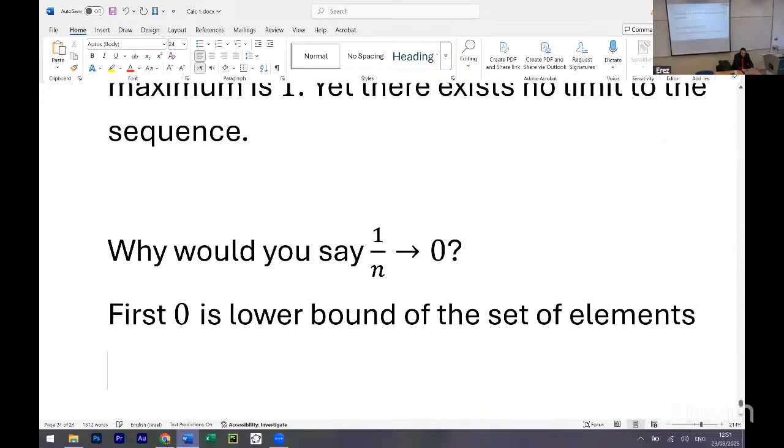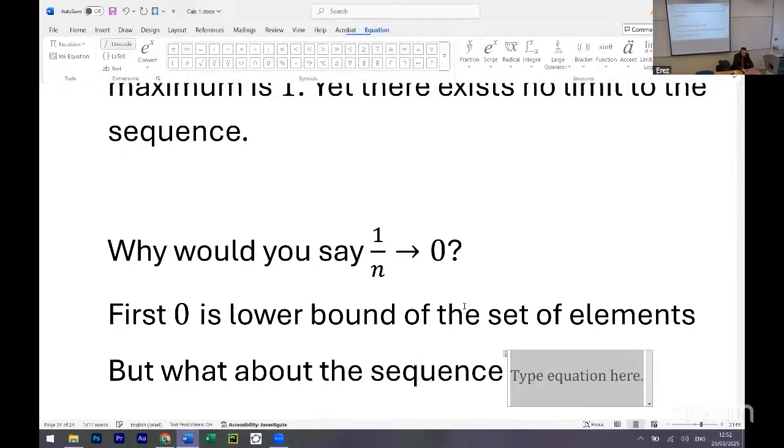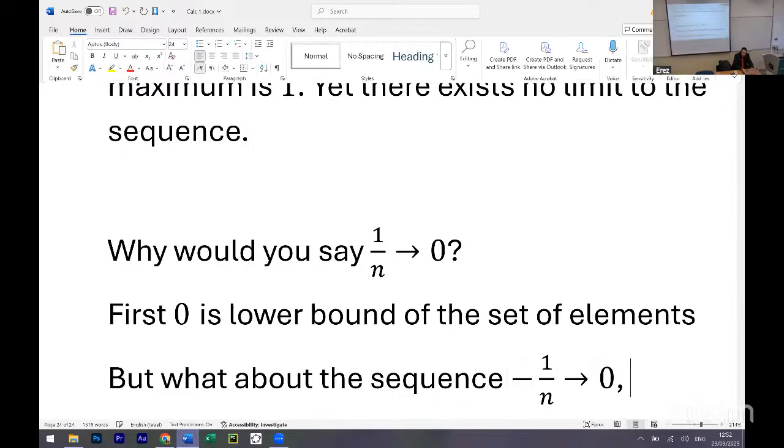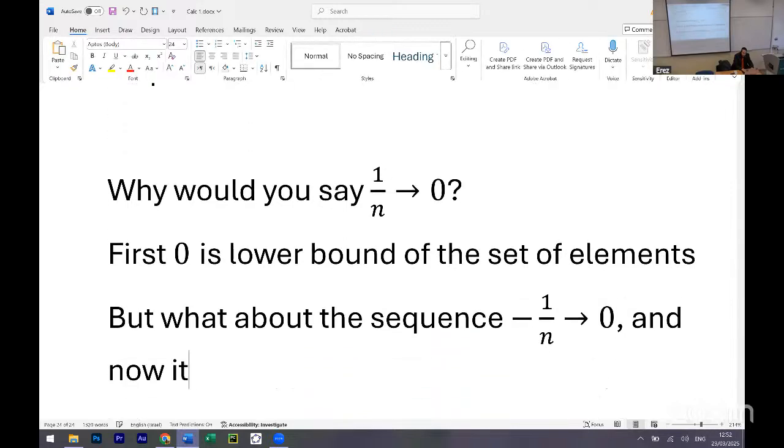But what about the sequence minus 1/n? What would you say its limit is? 0. Also 0. And now it is the upper bound.